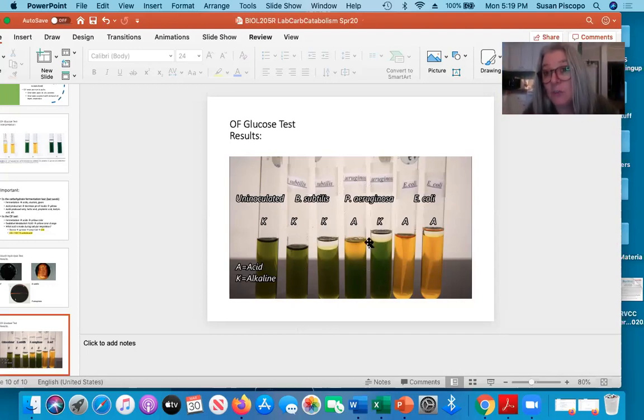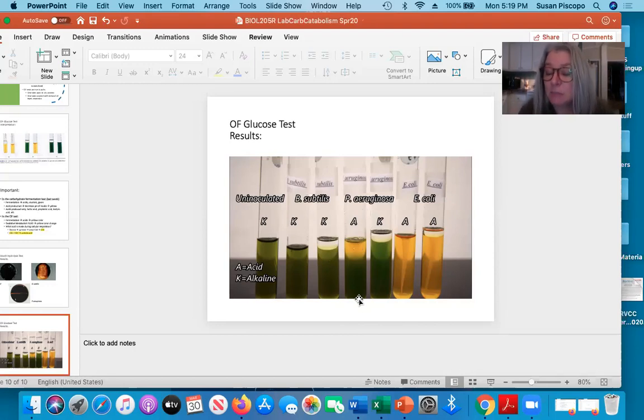Now look at the Pseudomonas. The Pseudomonas is kind of interesting. You can see that it didn't do any fermentation, again, according to our results. The media stayed green. But we got this mixed results in the aerobic tube. And this is actually something we see quite commonly in the OF test.